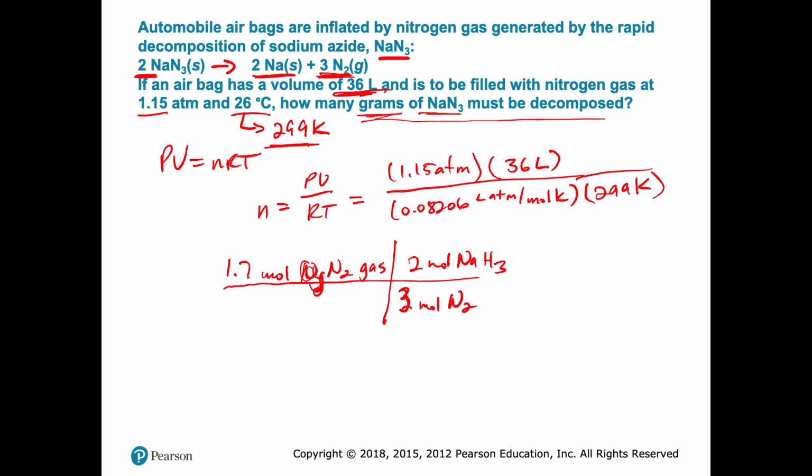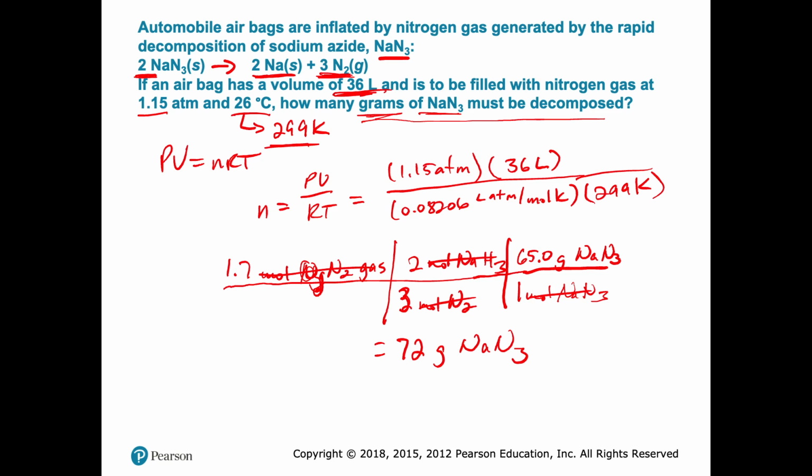And then for every 1 mole of sodium azide, we get the molecular weight of sodium azide, which I calculate to be 65.0 grams of sodium azide. Great, because now we can cancel out moles of gas, moles of sodium azide, and we're left with just grams of azide.